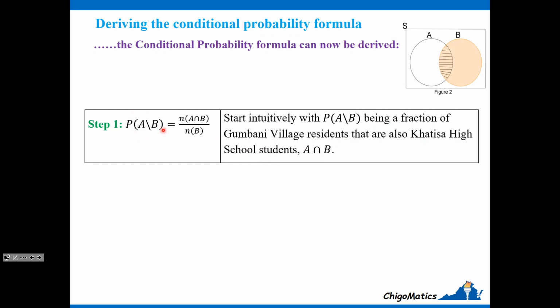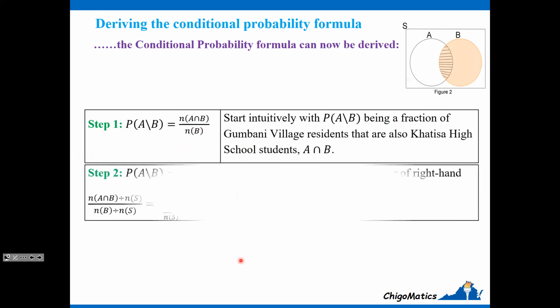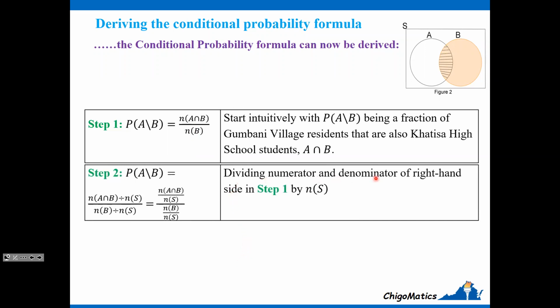This is why we are saying the conditional probability is the same as the number of elements in the intersection over the number of elements in set B. With that as our second step, we divide the numerator and denominator of the right-hand side by the number of elements in set S. What I've done in the numerator, I've done also in the denominator, so it is still the same.